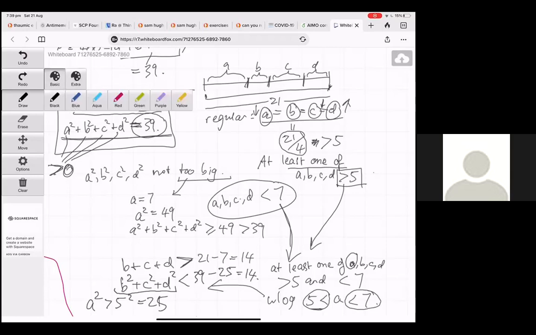So just by looking at it, you're probably convinced that it's not going to be possible.